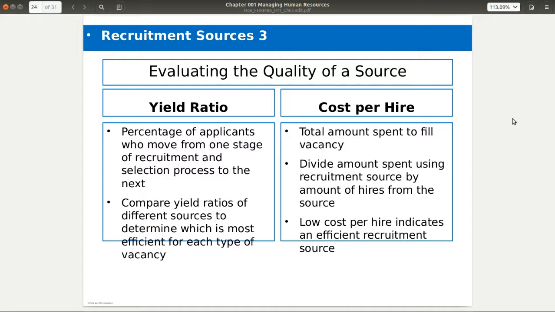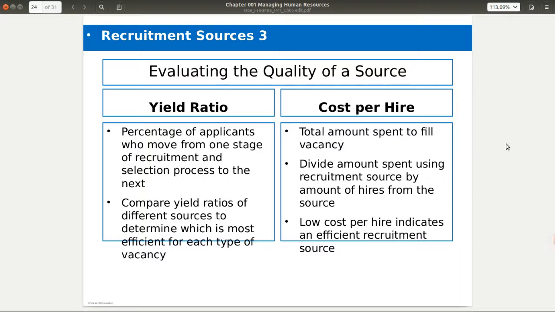Now, one of the things that HR does when they start looking at hiring is they look at yield ratios and cost per hire. Yield ratios is saying, okay, so based on the number of people that applied, how many are actually working here? In other words, they went through the interview process, they were given an offer, they accepted the offer, and now they're working here. So you're looking at yield ratios and then also the cost per hire.